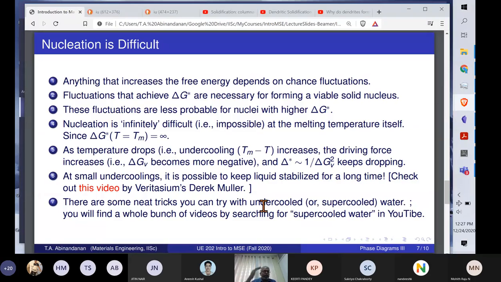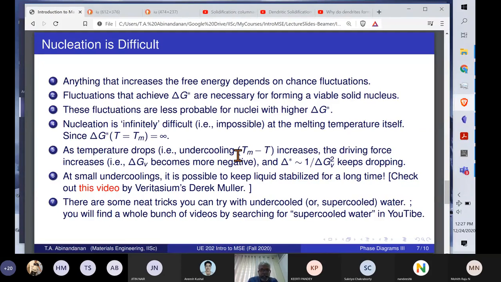But of course, as you decrease the temperature, one uses this jargon here called undercooling. In the Veritasium video, he kept calling it supercooling, which is a pretty common term.